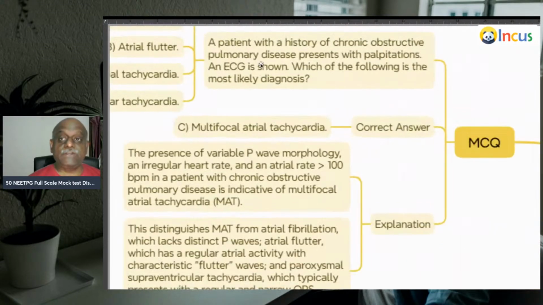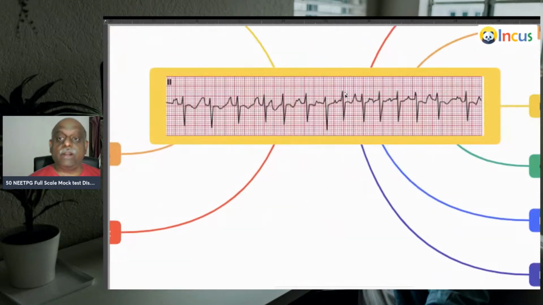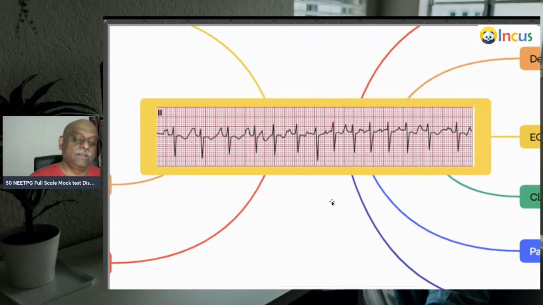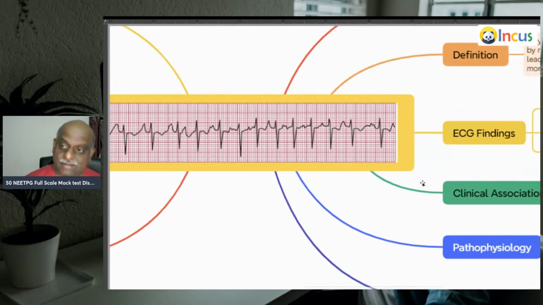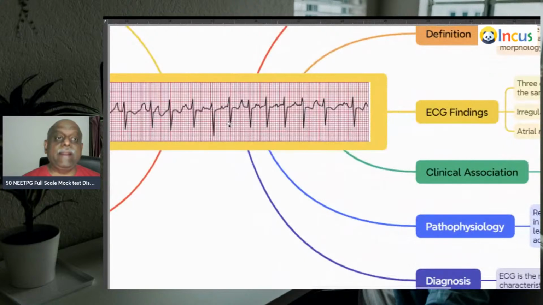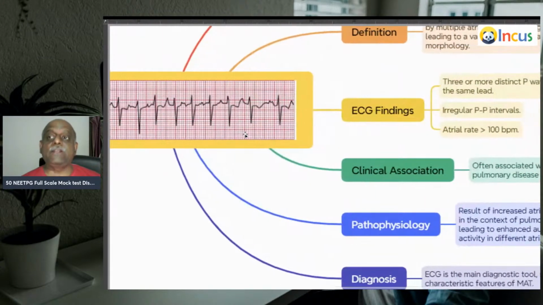Now, a patient with a history of COPD presents with palpitations. So what do you see here in this ECG? Before coming to the class, try to take it like a mock test in real exam conditions. So irregular PP intervals, atrial rate more than 100 beats per minute.